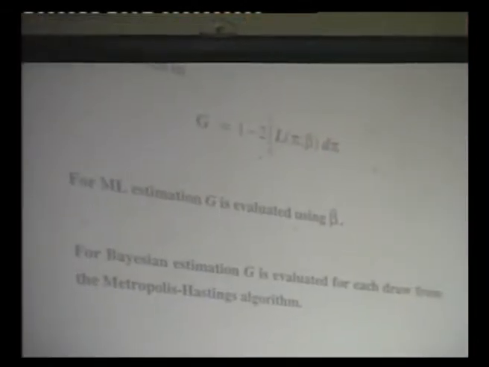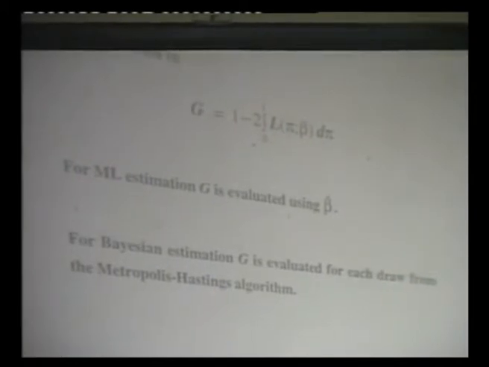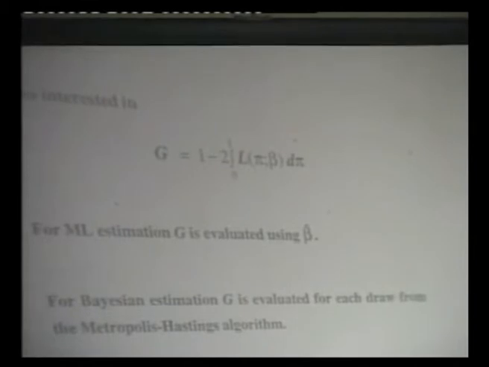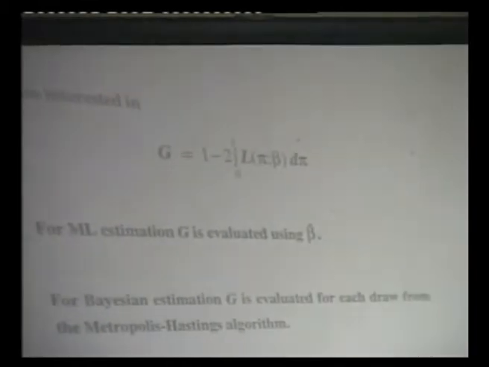And if we want standard errors on the Gini coefficient, we can use the first order approximation, the so-called delta method, to differentiate this and get expressions for the standard errors. We did that in an appendix in the paper for all the different Lorenz functions.